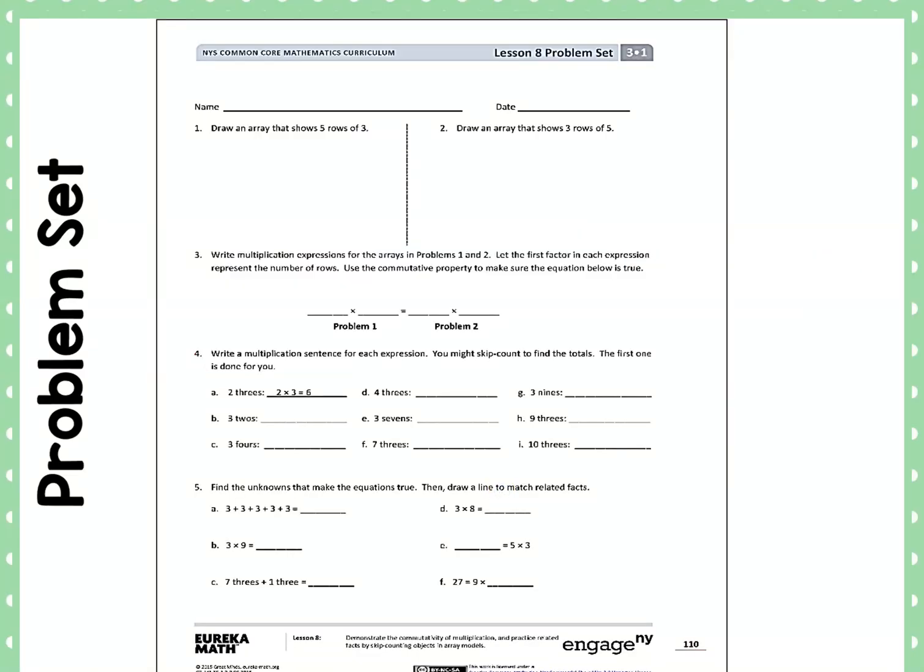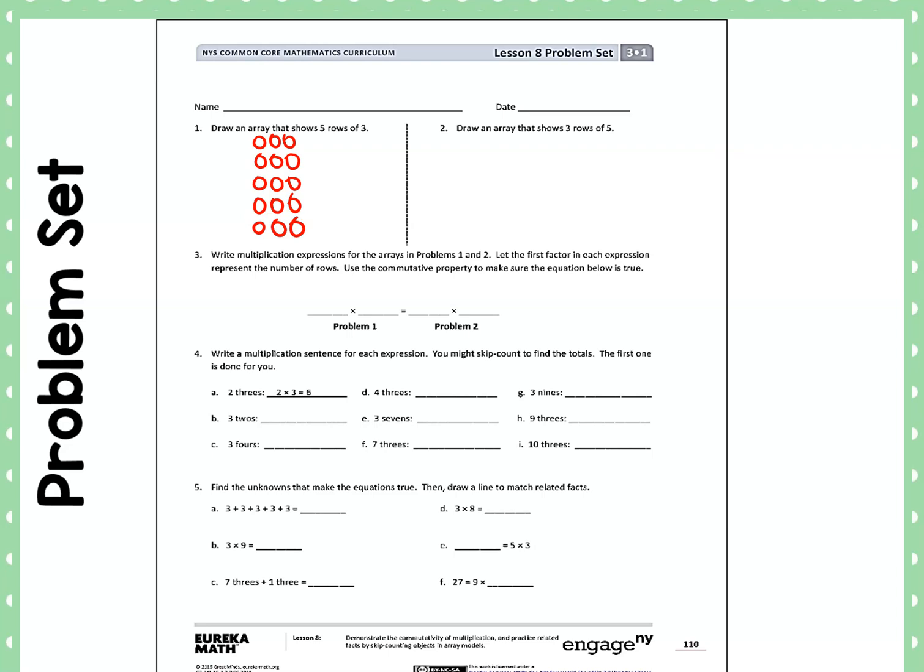Okay, so now we're going to do a few problems together on our problem set. So number 1 says draw an array that shows 5 rows of 3. This sounds a little familiar. So 5 rows of 3. You guys should be pros at drawing those arrays by now. Whoops, that's 6 rows. Oh, no, it's not. That was 5. So 5 rows of 3.